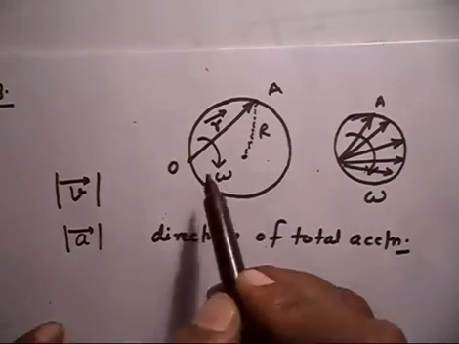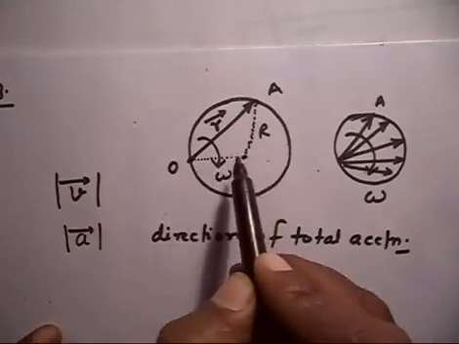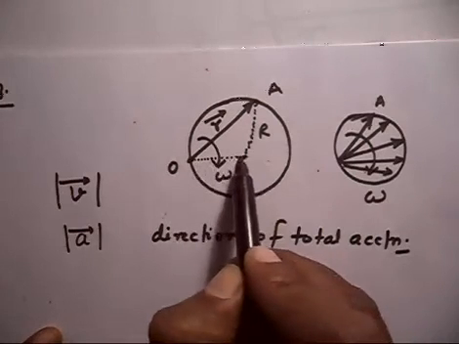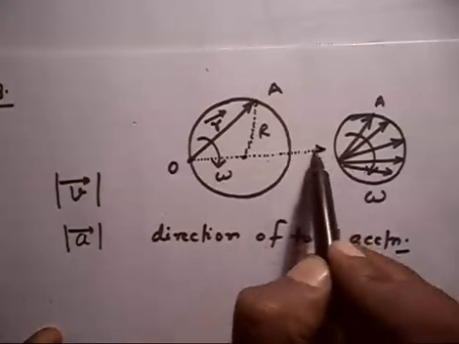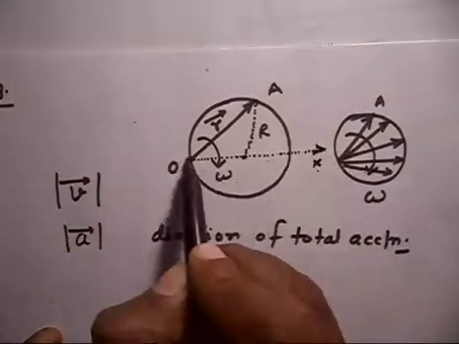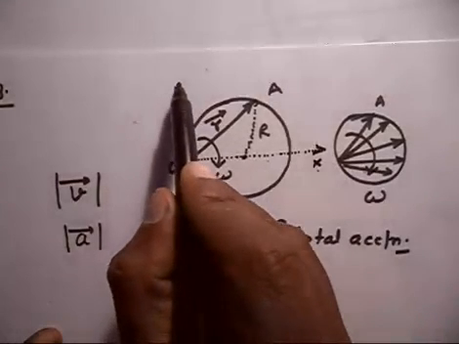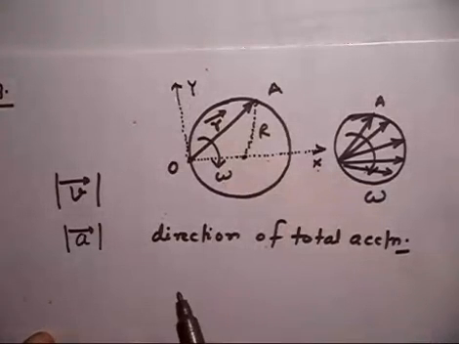You can choose your x-axis and y-axis. Let us say this point O is also passing through the plane of the center, as given in the problem. So this is my x-axis, and somewhere here is my y-axis. At any point of time I can specify the radius vector.